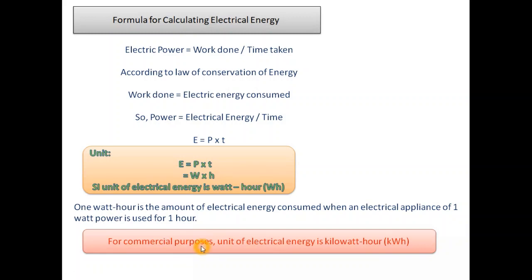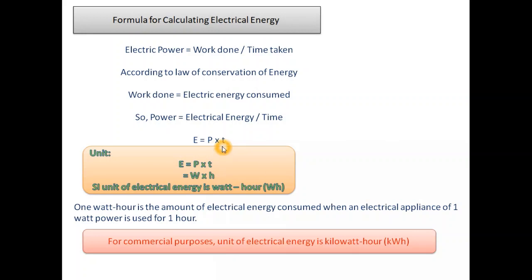Now for commercial purposes, we have another unit, that is kilowatt hour. The SI unit of electrical energy is actually joule. 1 joule is the amount of electrical energy consumed when an appliance of 1 watt power is used for 1 second.